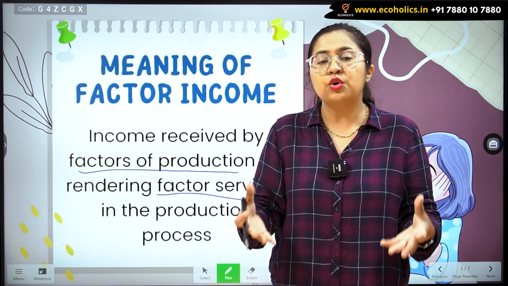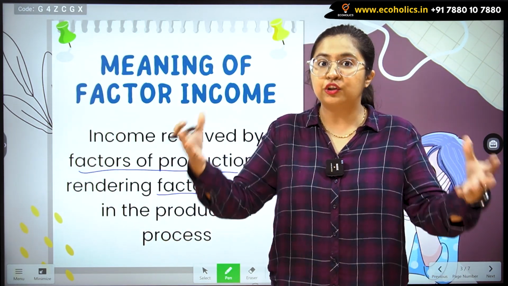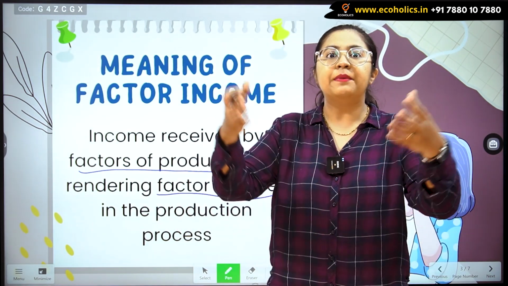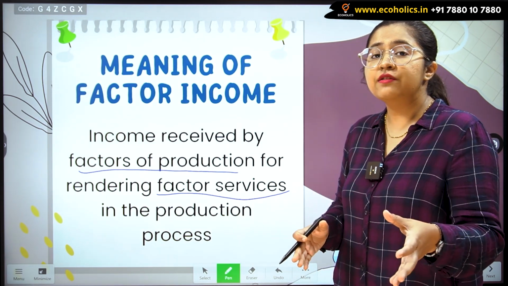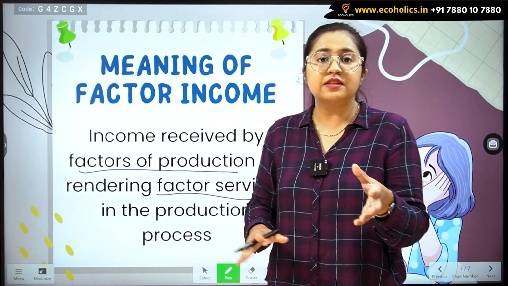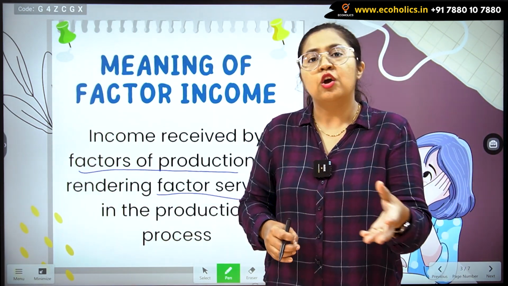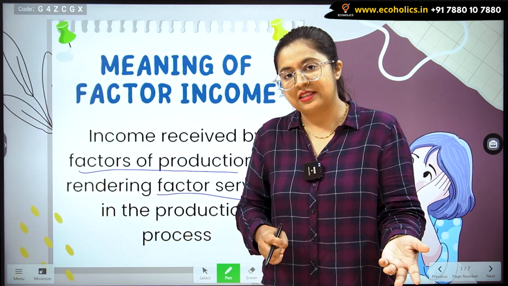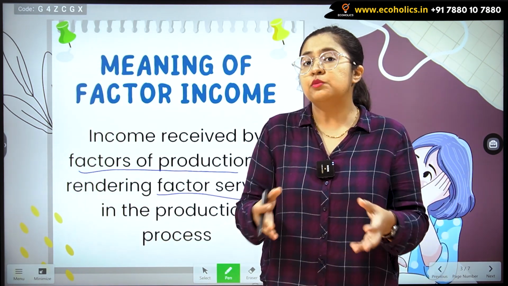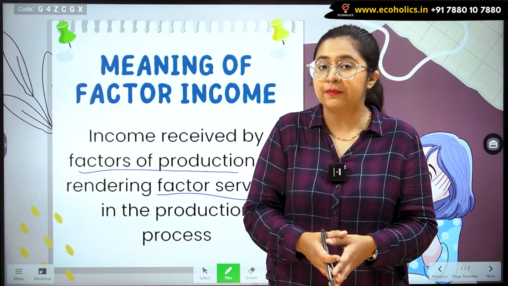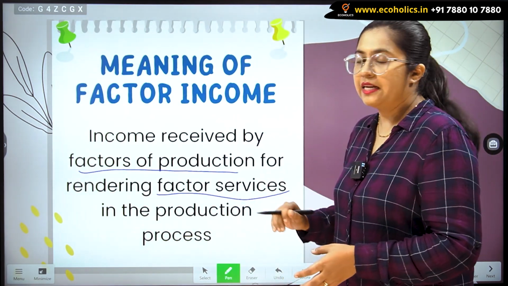It is also a very important factor of production which leads to capital formation, and that gives us another factor income, which is called interest. Similarly, there are different factors of production which provide us with factor payments or factor incomes.